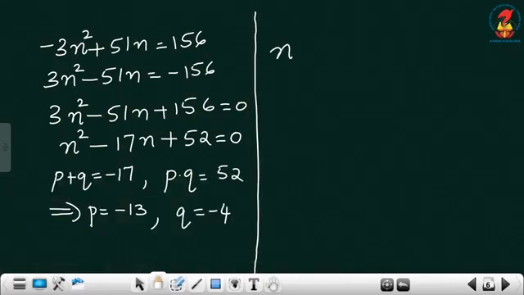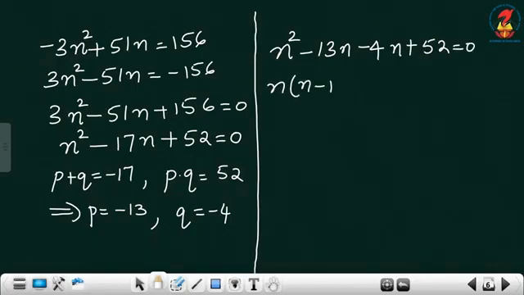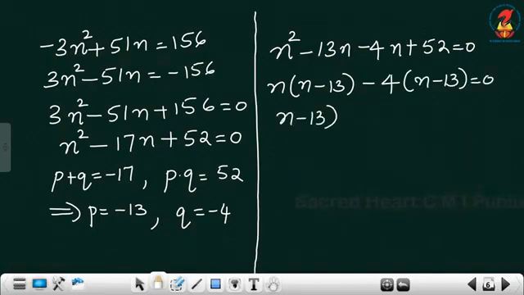So we can write this as n square minus 13n minus 4n plus 52 equal to 0. So it is n into n minus 13 minus 4 into n minus 13 equal to 0. So n minus 13 is common. So n minus 13 into n minus 4 equal to 0.